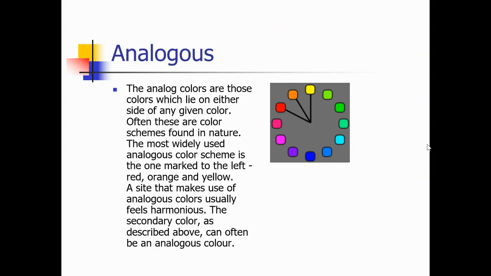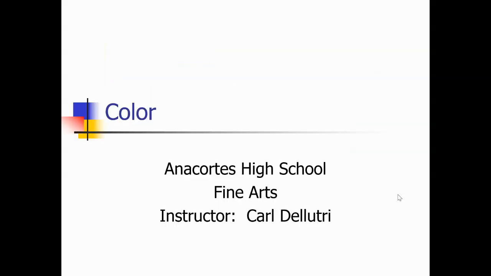Analogous colors are colors that are very close to each other on the color wheel. Yellow, orange, red. Yellow, yellow-green, green. It can feel harmonious.